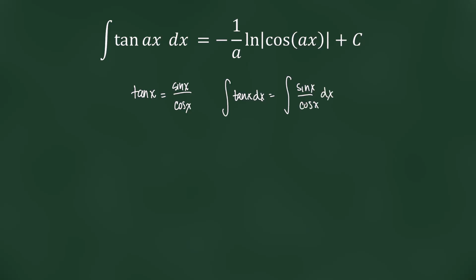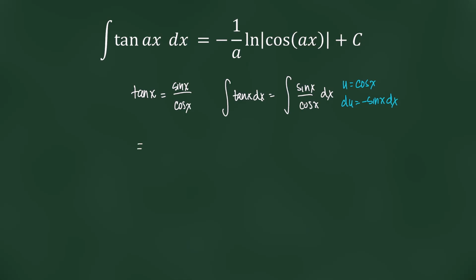And notice here that sine is the negative derivative of cosine, so we can do a u substitution. We can let u be our denominator, cosine x, so that du is then negative sine x dx.